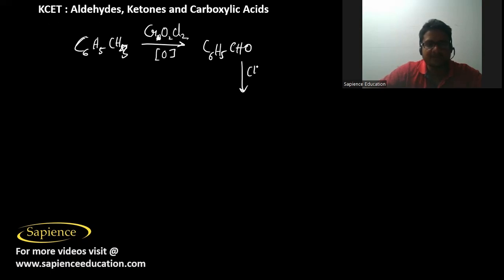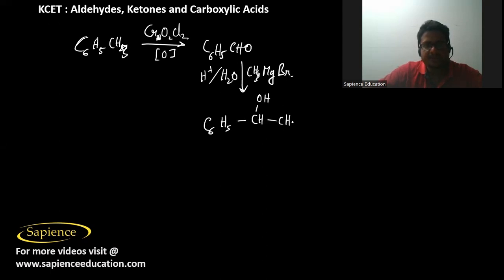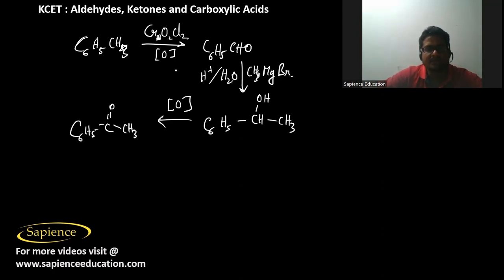Then it will react with CH3MgBr, the Grignard reagent. In the presence of H2O and H plus, it will form C6H5CHOHCH3. Then it is further oxidized to produce acetophenone. So it requires three steps, so it is not very easy.